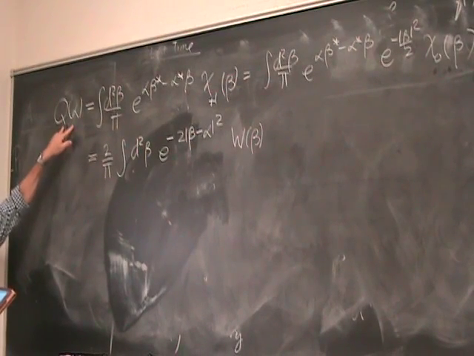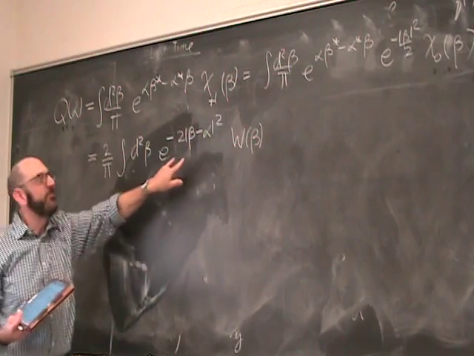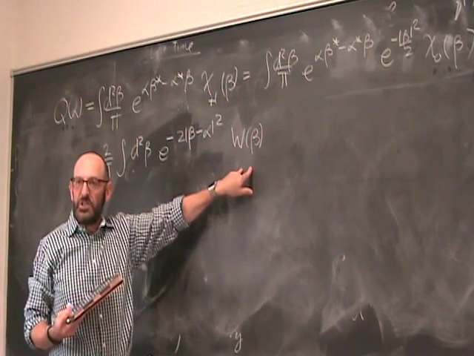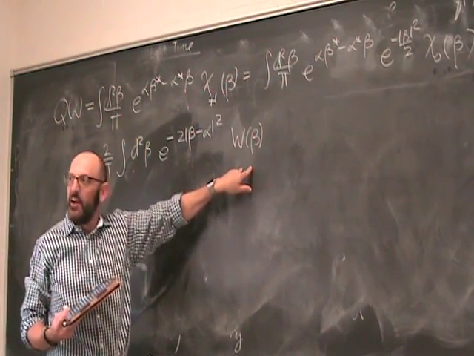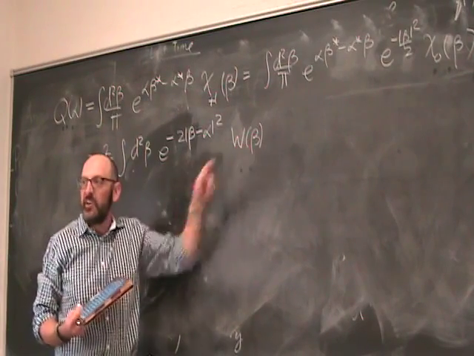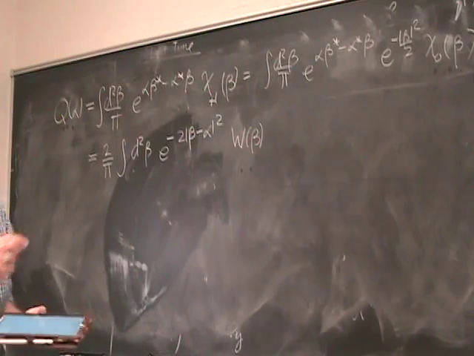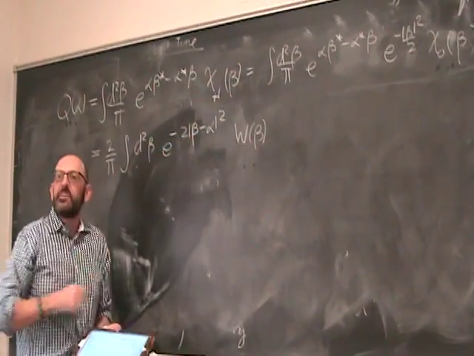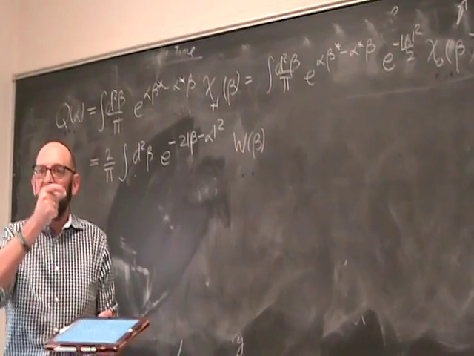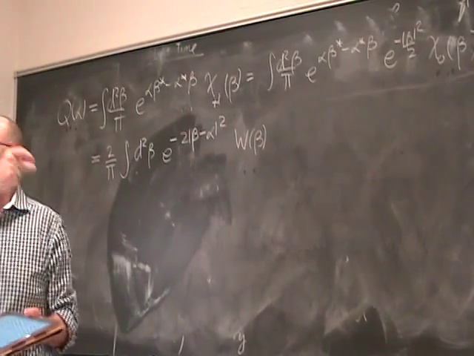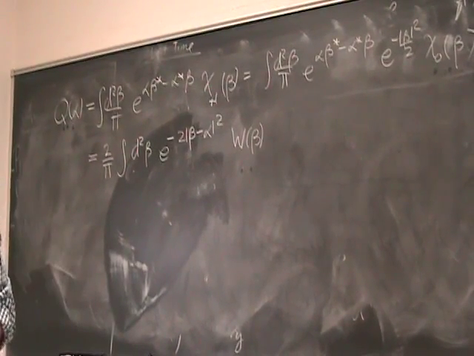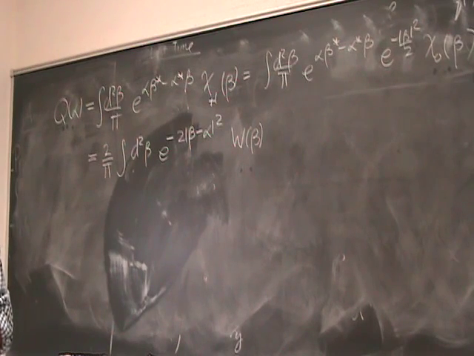It says the Q function is a kind of coarse-grained version of the Wigner function. I'm looking at the Wigner function at every point beta, and I'm multiplying it by a Gaussian function with a certain spread, and just sort of smearing it out. Is that clear that that integral is a smearing over a Gaussian?